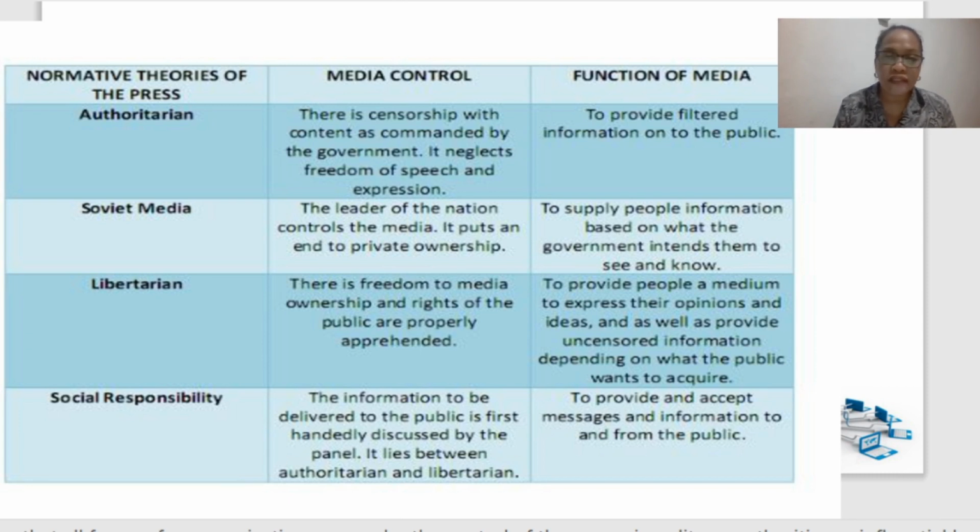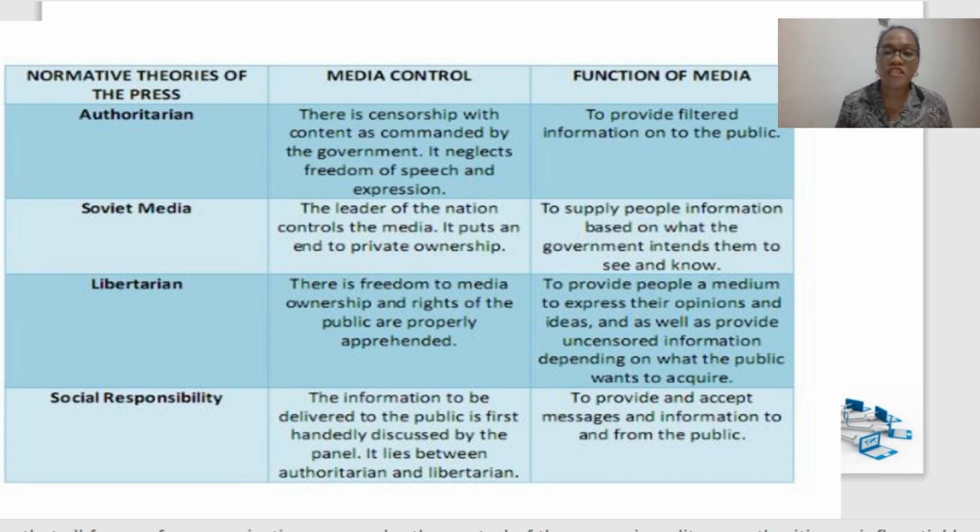Okay, now what about libertarian theory? So when we say libertarian theory, there is freedom to media ownership and the rights of the public are properly apprehended. Okay, so this is a kind of media wherein there is no censorship, so everybody could say what they want to say, whether good or bad. There is no regulation to be followed.